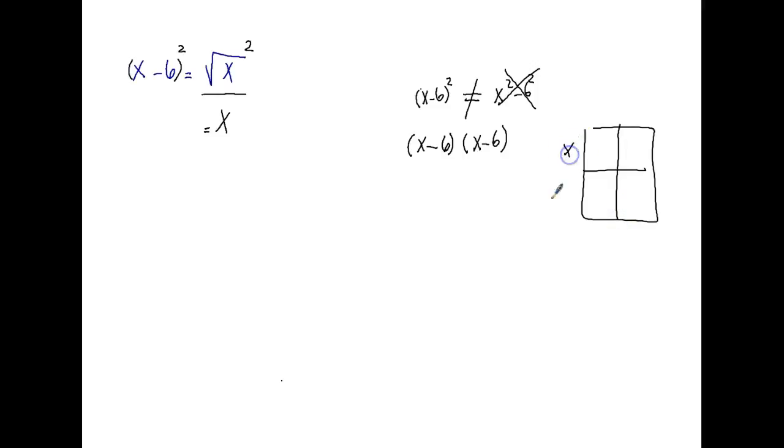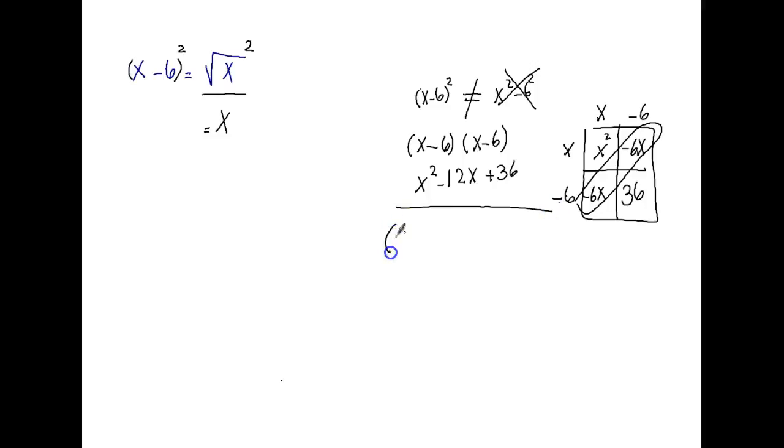So x minus 6, x minus 6: x times x is x squared, x times negative 6 is negative 6x, negative 6 times x is negative 6x, negative 6 times negative 6 is 36. Combine like terms. This is equal to x squared minus 12x plus 36.